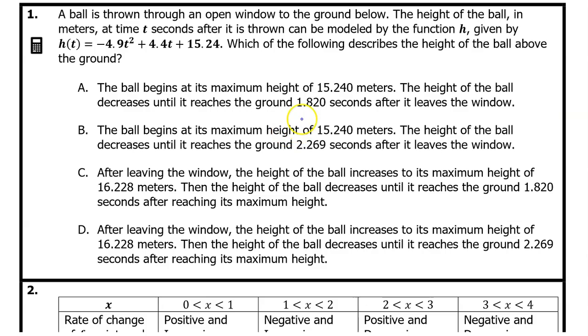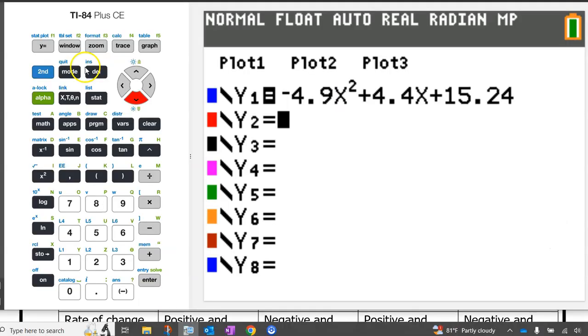Options A and B mention a maximum height of 15.240 meters, while options C and D mention a maximum height of 16.228 meters. So let's go back to the graphing calculator and find the maximum height. We will need to adjust the window a little bit.